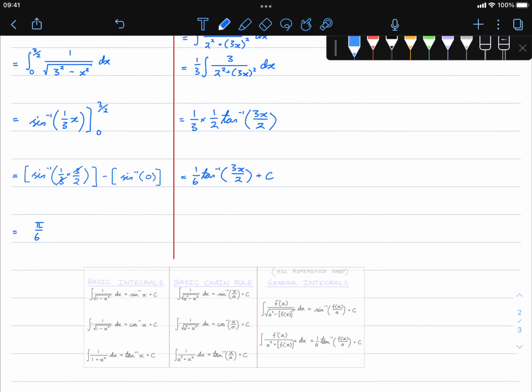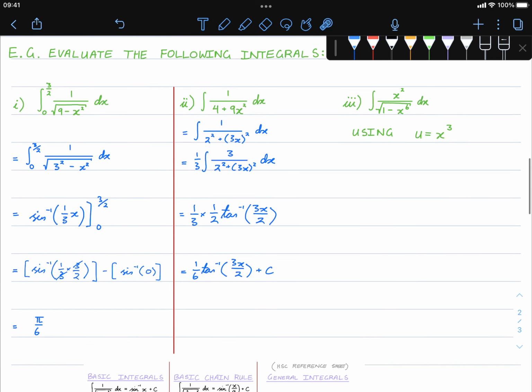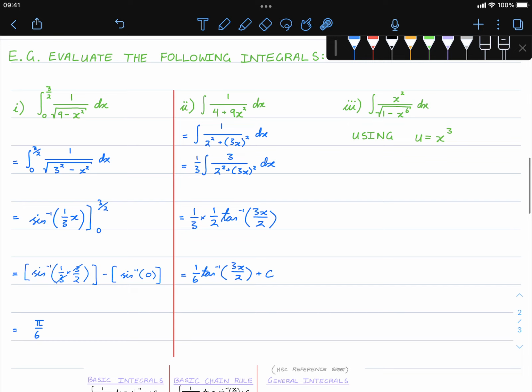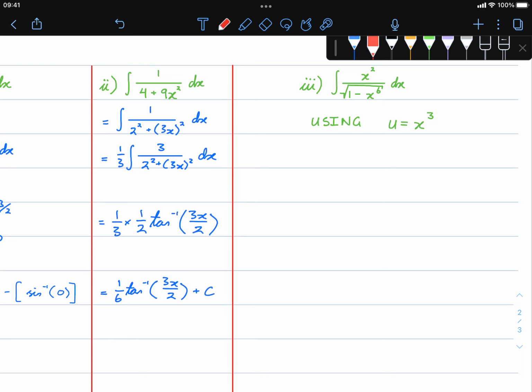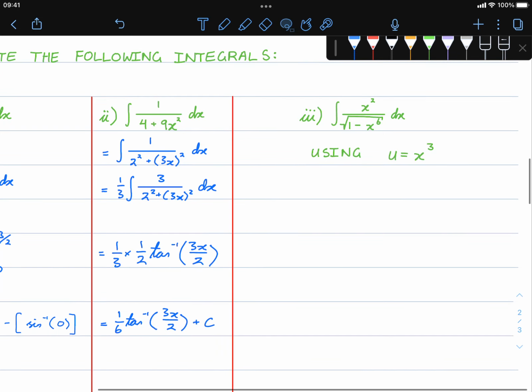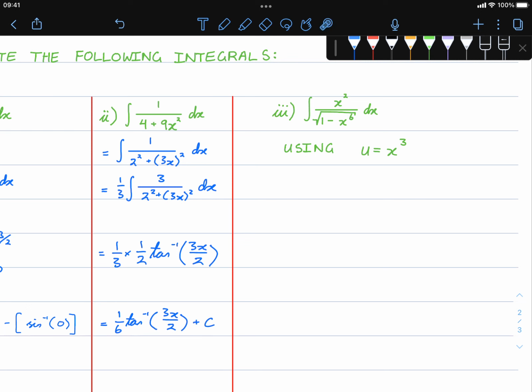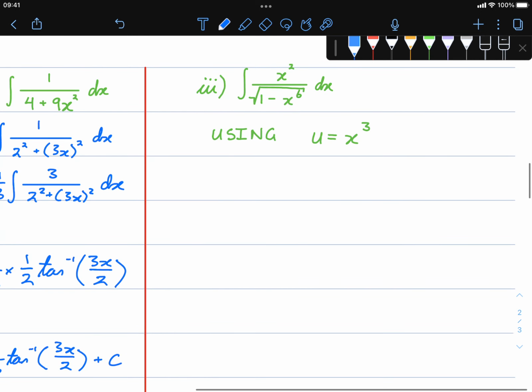We have one more integral to evaluate. Once again, you can pause the video and give it a go yourself. Let's answer it right about now. So first, we actually need the derivative of u. So we write this as du on dx equals 3x squared, where u is x cubed.